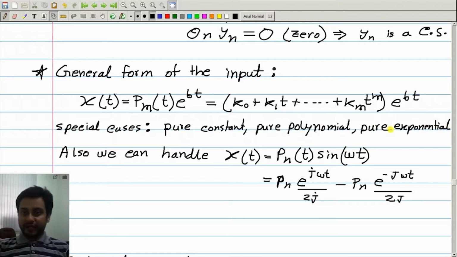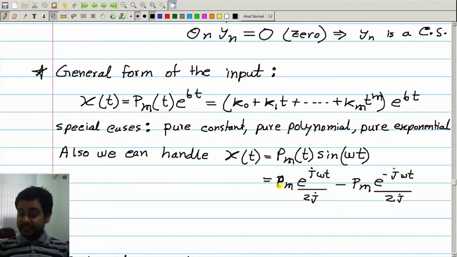And if we can solve for the output given this particular form of input, then later we will be able to handle inputs of this form, Pm sin omega t, because this polynomial times sinusoidal function can be broken into two parts: Pm e to the power j omega t by 2j minus Pm e to the power minus j omega t by 2j.